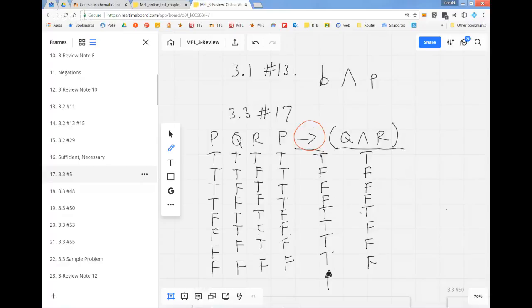Okay. So now if you look in the back of the book, I don't remember what this looks like, but they may not have the same looking table, but this answer should be identical.